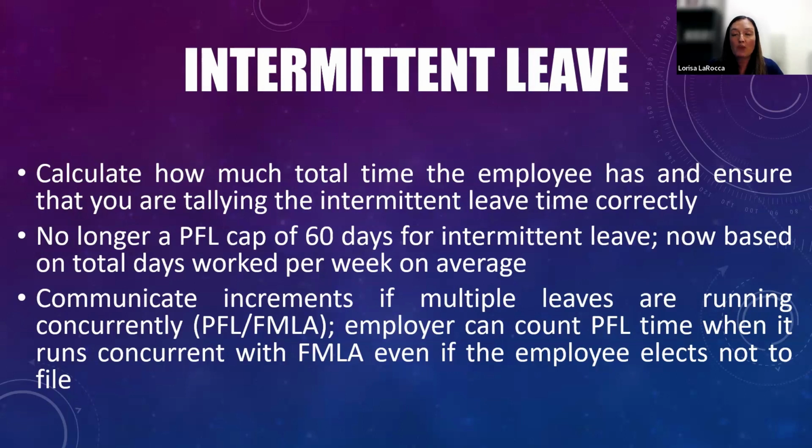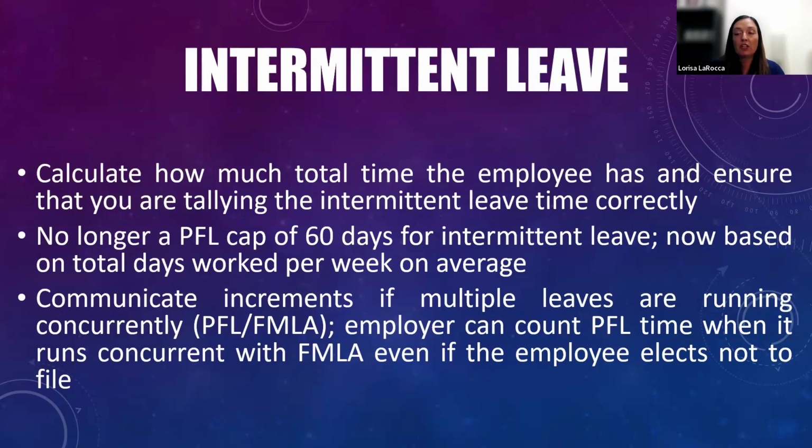Now the regulations have been revised to say that could be higher than 60 days because we are basing it on the total days worked per week on average by that particular employee. So if the employee works more than 5 days a week, they're going to accrue more than 60 days of leave for intermittent leave use.